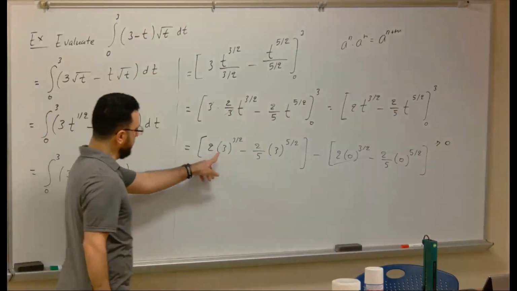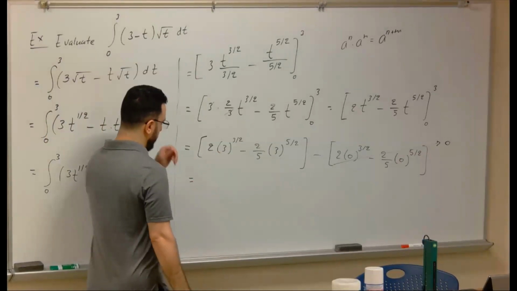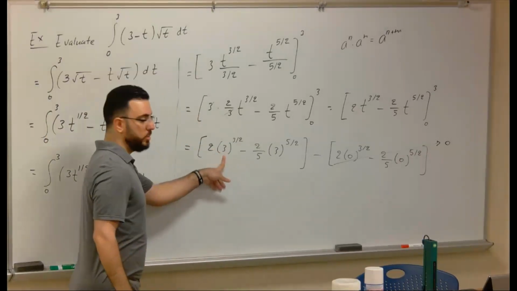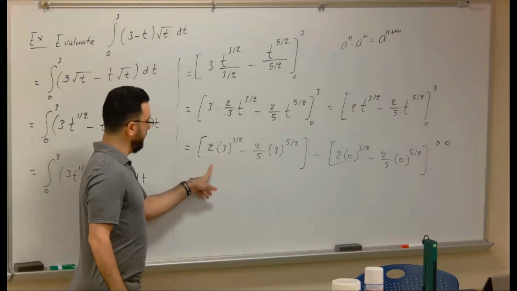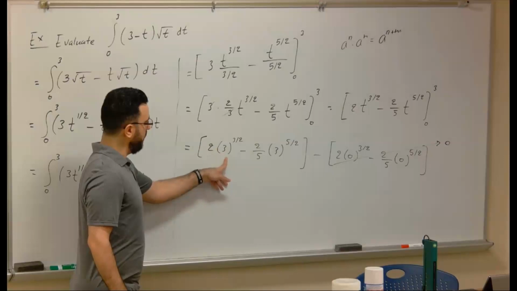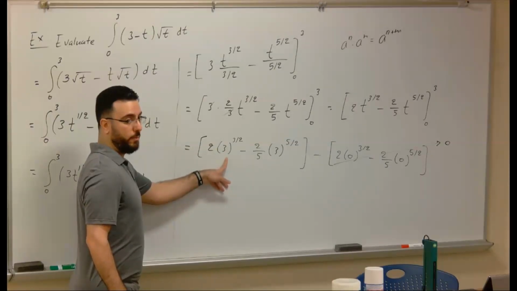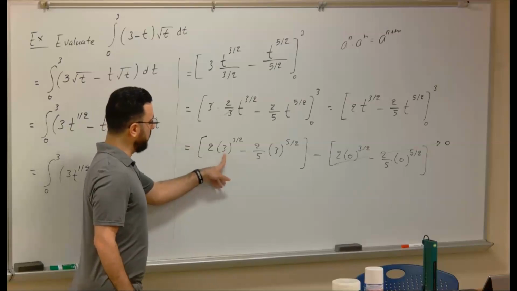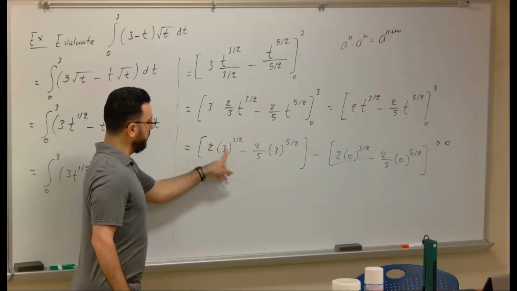Now, for this part, how much is it going to be? 6 square root of 3. Why? What did you do? Did you cube it?